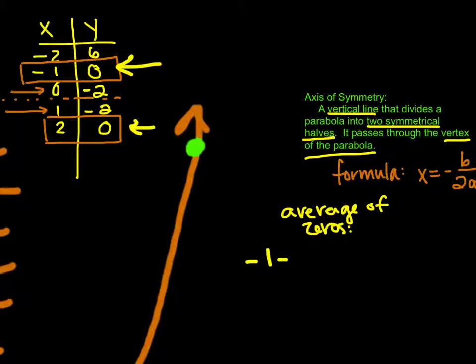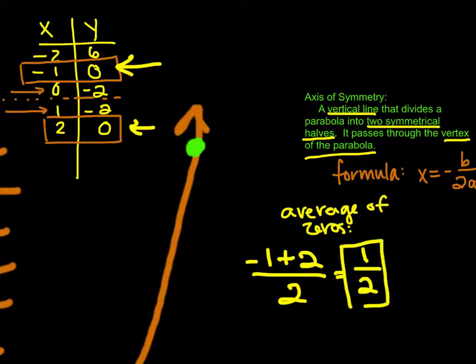So we are going to put those two together, -1 plus 2. When we take the average, we're adding two things together, and then we're dividing by the number of things that we're adding. So -1 plus 2 is 1, and then divide by 2. So this says our axis of symmetry should be at 1/2.